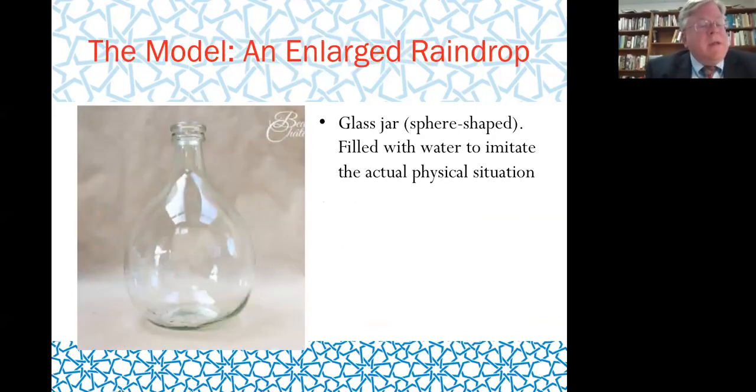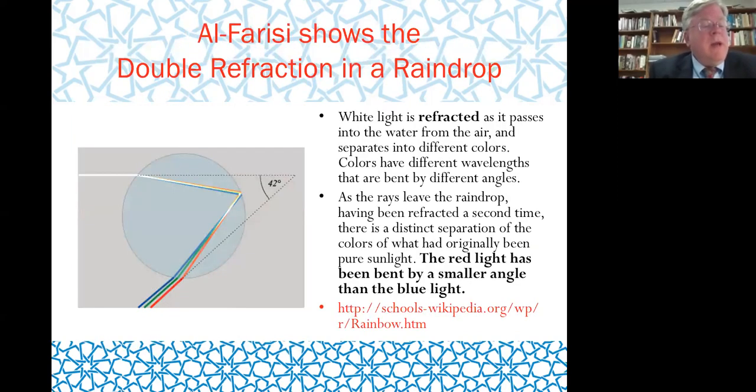To discover this, since the actual situation could not be investigated directly, he ingeniously constructed an enlarged model of a raindrop consisting of a glass jar filled with water. He then placed this raindrop model in a camera obscura of the kind that Ibn al-Haytham used so that he could control the amount of light that he projected into the jar. He was able to demonstrate that the rainbow spectrum of colors is produced by the decomposition of light through refraction.